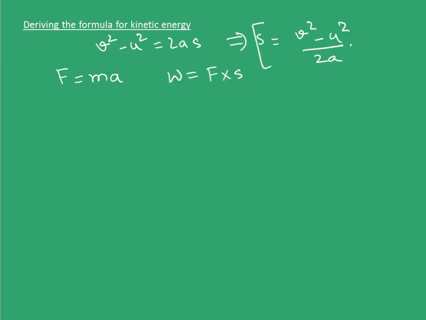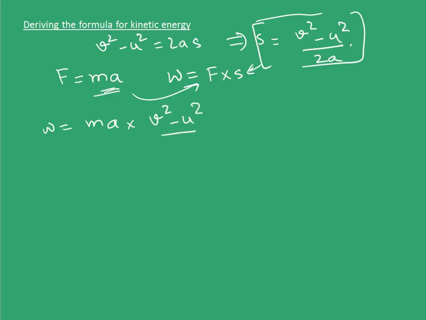Now I substitute this value of displacement and the force, which is ma. So work done is ma into v square minus u square upon 2a. So a gets cancelled and I get half m (v square minus u square).